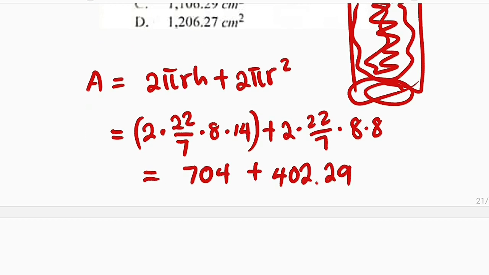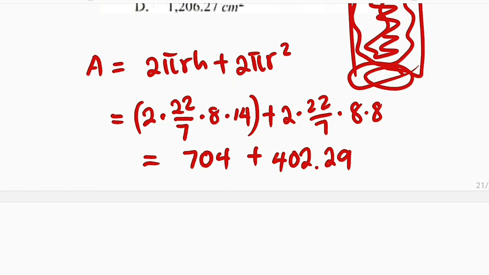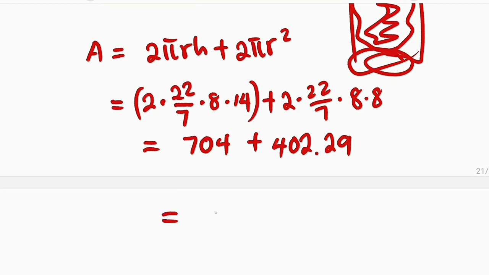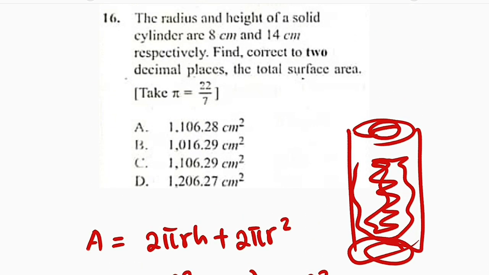Then we are going to add these two numbers together. If you add them together, you're going to obtain 1106.29. This is what I have, centimeter squared. This is the area. So 1106.29. Do we have it here? Yes, 1106.29 is option C.